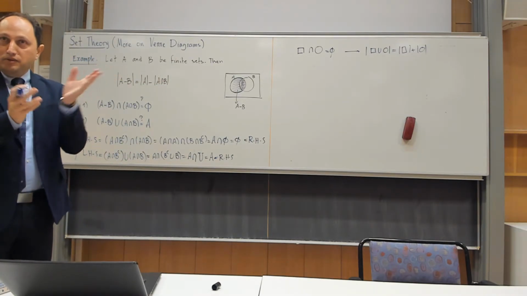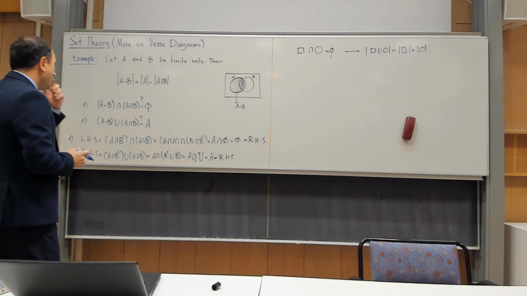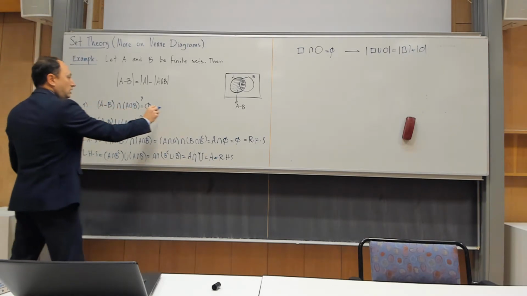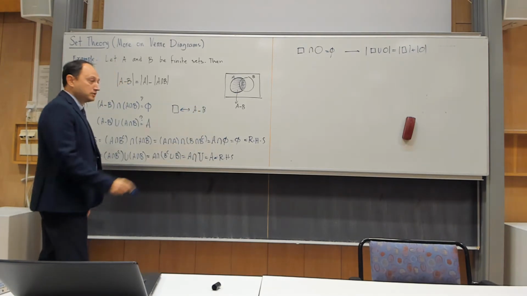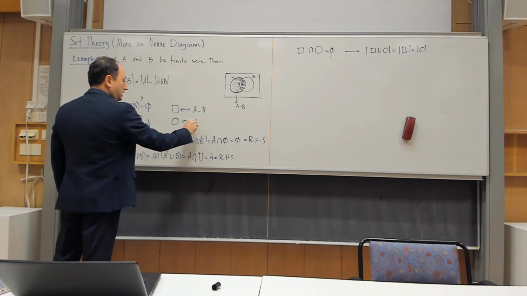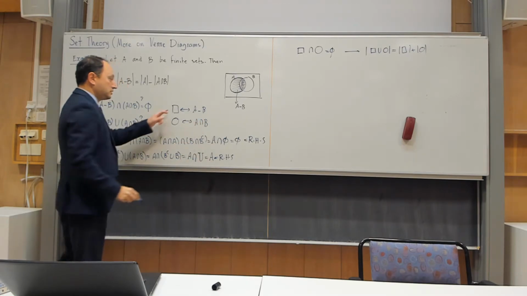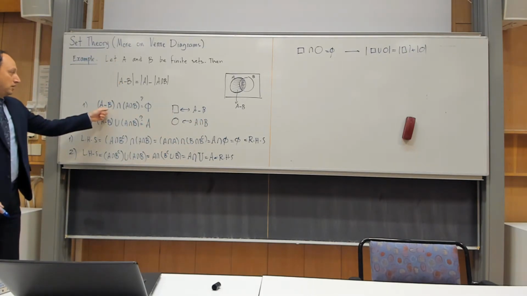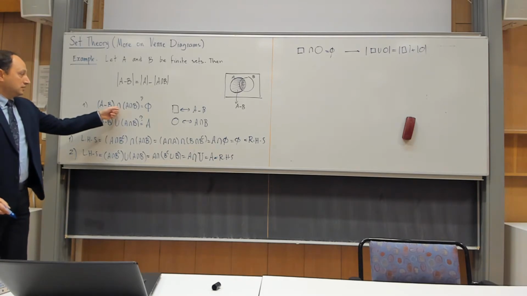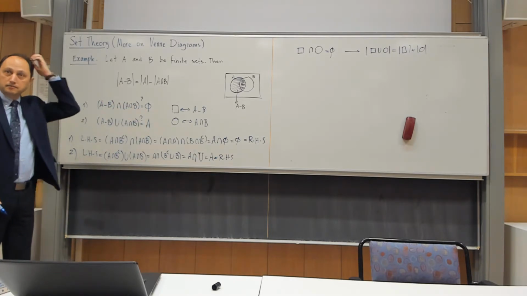Is that understandable? Now I want to give the role of the box to A minus B. I want to give the role of the circle to A intersection B. I know that the intersection of the box and the circle is empty.